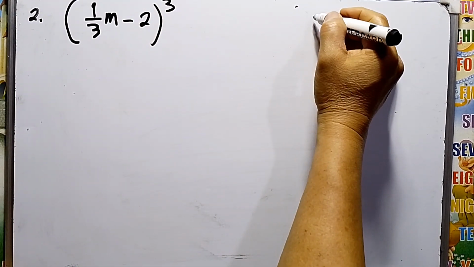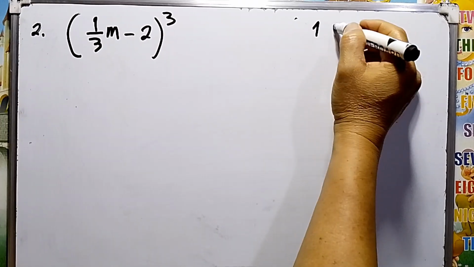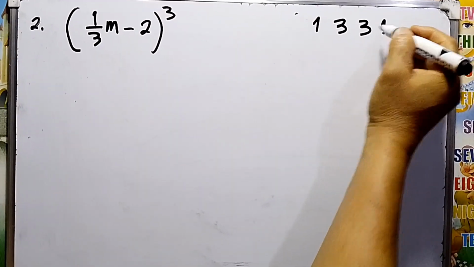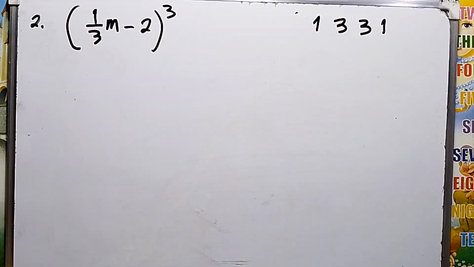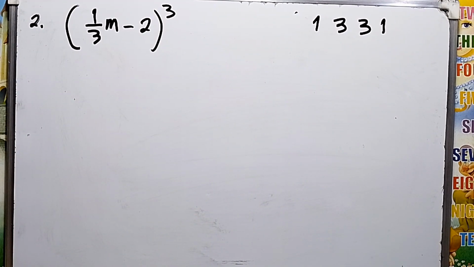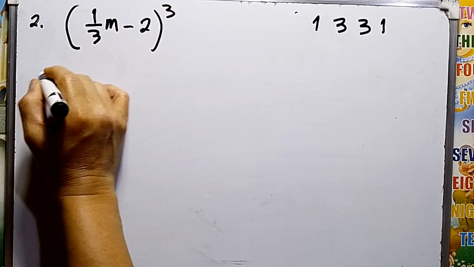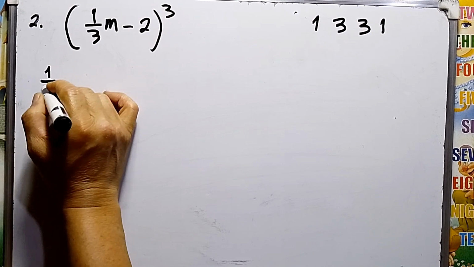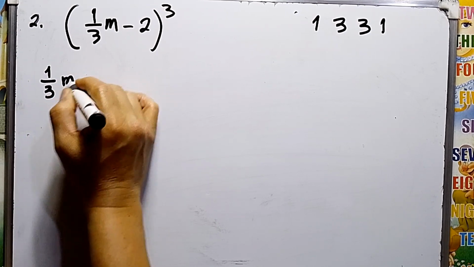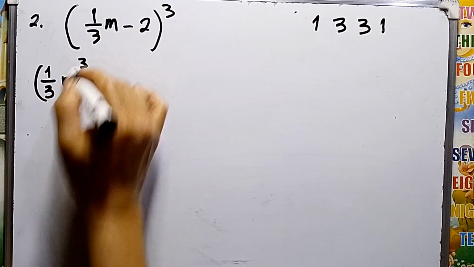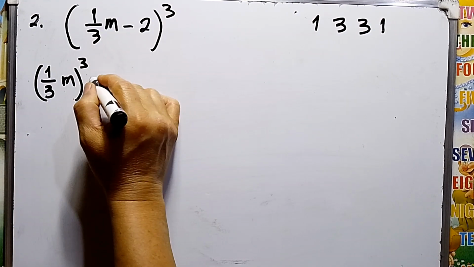Take note, in Pascal's triangle, 1, 3, 3, 1. These are the numerical coefficients of the terms. So start with positive m raised to the third power, and then the second starts with 0.